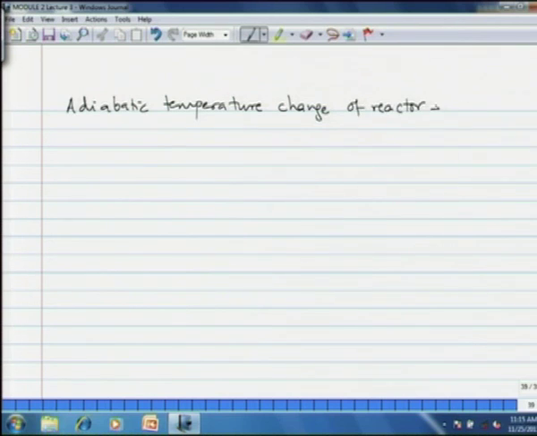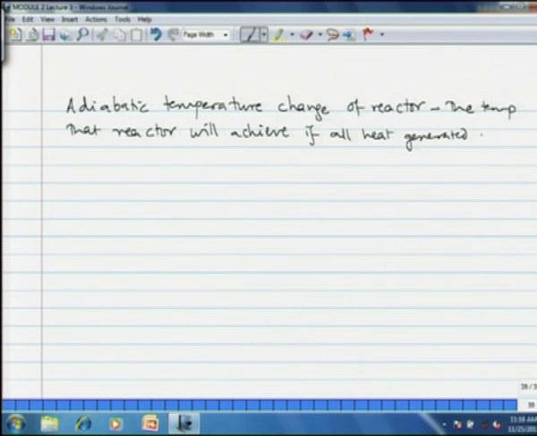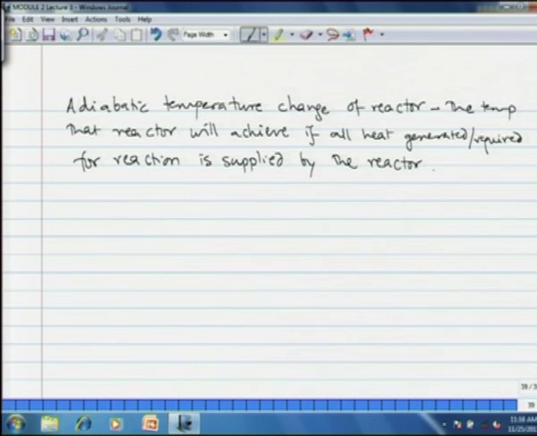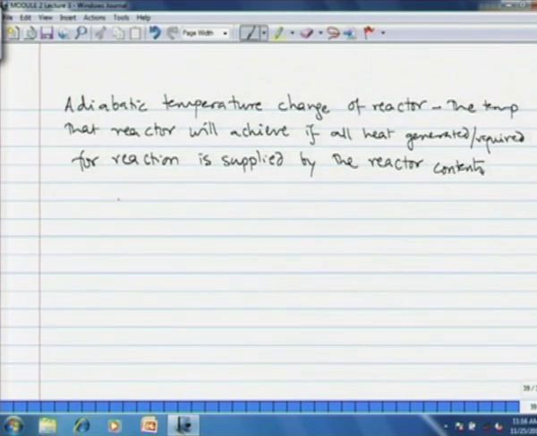This means that the temperature that the reactor will achieve if all heat generated or required for the reaction is supplied by the reactor contents or basically the reactants. Again, we take the HDA process as example.